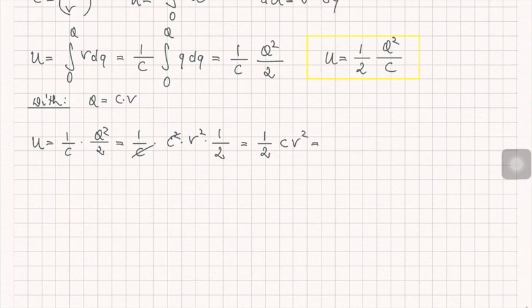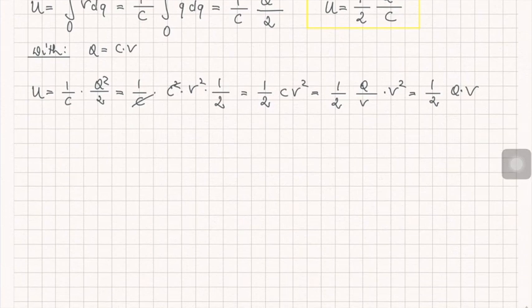Or you write this also as, replacing now the capacitance by Q over V, you can also write this as 1/2 times Q divided by V times V squared, and then you have here 1/2 times Q times V. Okay?